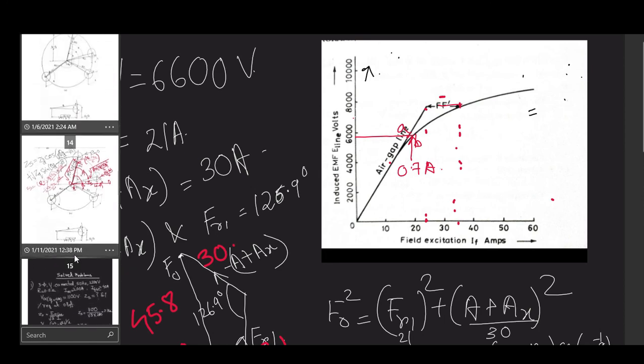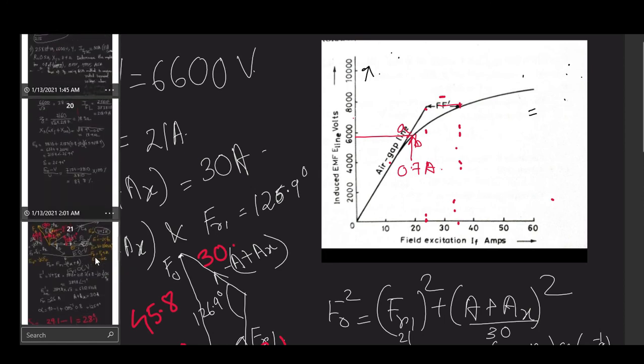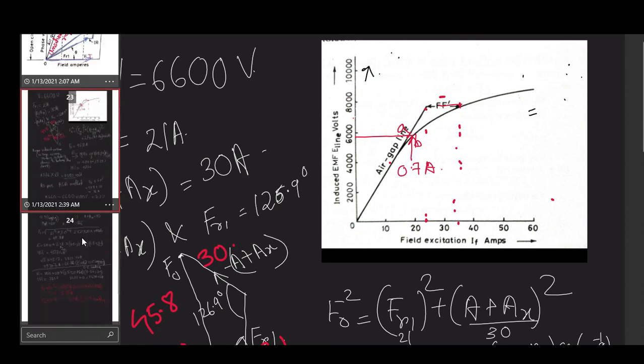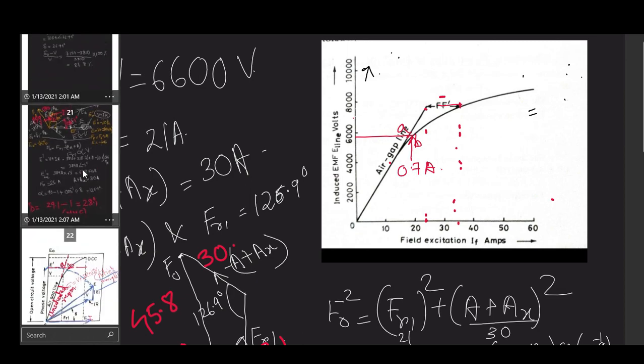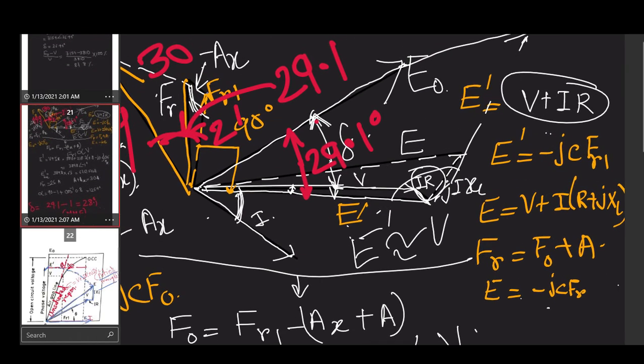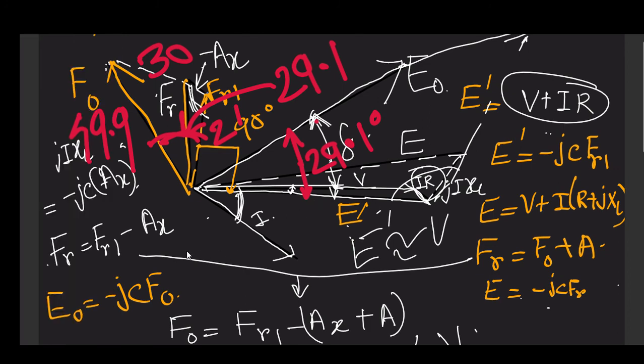What is that MMF method diagram? Yes, here you can see that this one was the angle between FR1.